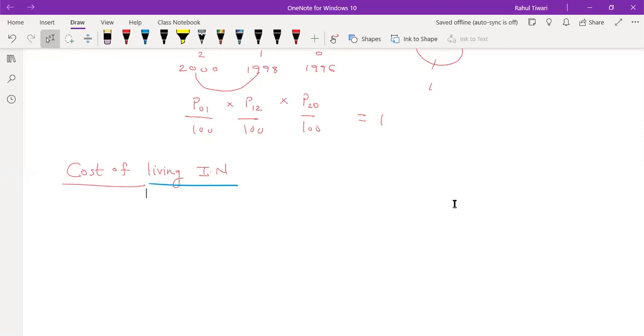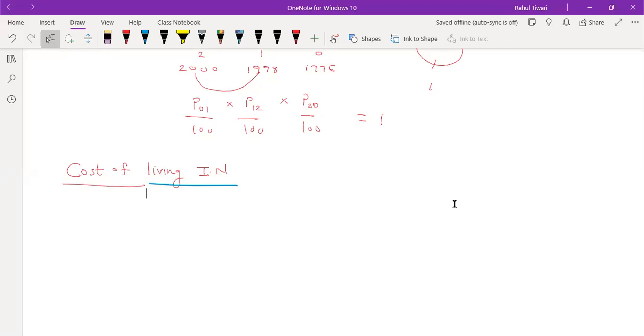It measures percentage change in the prices at a particular class of people, full stop.